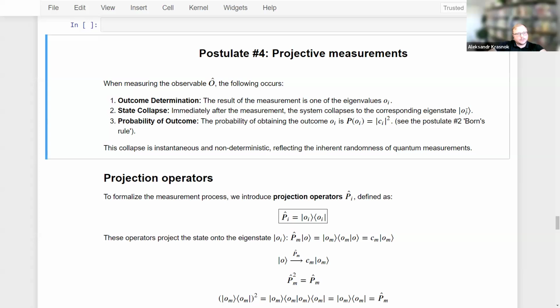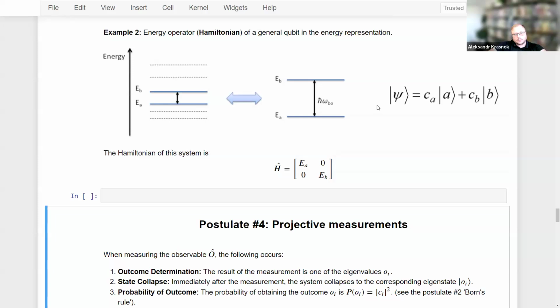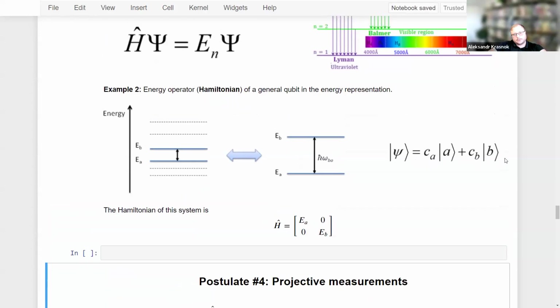What happens to the function? Before the experiment, the function is in the superposition of 2 states, but after measurement, we can get one of these, either one state, but not the 2 together, right? It's only one.